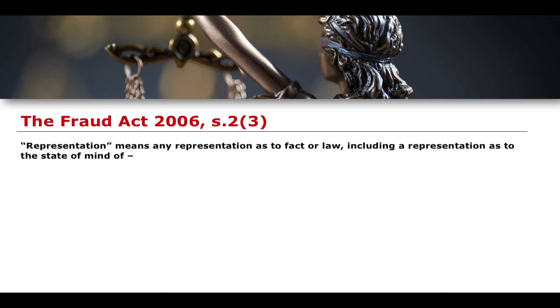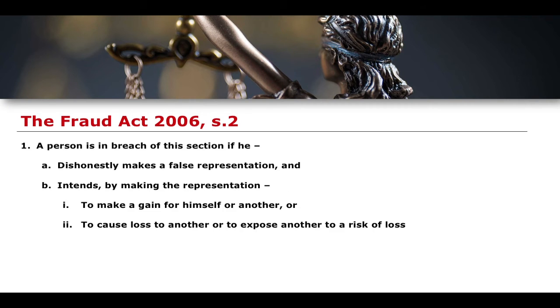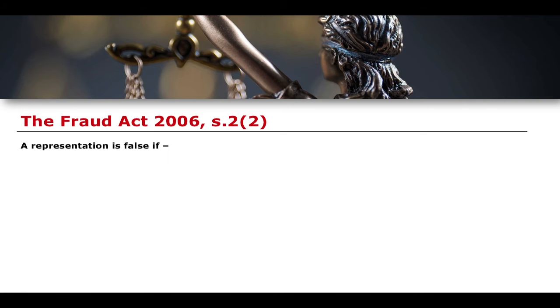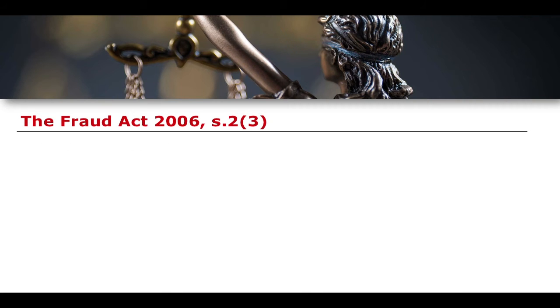Subsection 3 says that representation... So we've thought about what fraud is in section 2, subsection 1: making a false representation with a view to gain or to cause another to lose. We've defined what makes a representation false, i.e., something that is untrue or misleading, or the person making it knows that it is untrue or might be untrue or misleading.